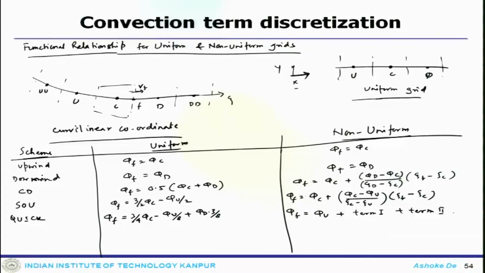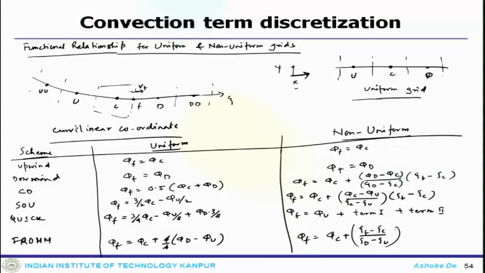We will see how they look. For the scheme, this would be phi f equals phi c plus 1 by 4 phi d minus phi u, and in this case it is phi c plus xi f minus xi c divided by xi d minus xi u multiplied with phi d minus phi u. So you can see this difference in the functional form of these expressions.